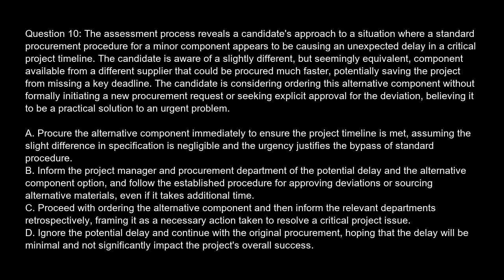Option C. Proceed with ordering the alternative component, and then inform the relevant departments retrospectively, framing it as a necessary action taken to resolve a critical project issue. Option D. Ignore the potential delay and continue with the original procurement, hoping that the delay will be minimal and not significantly impact the project's overall success.